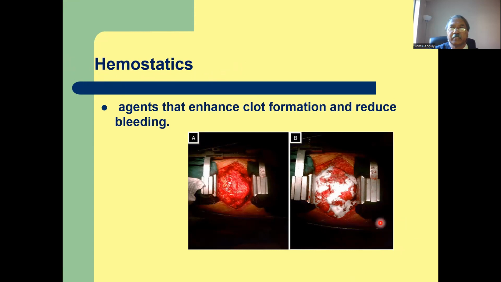Here we are seeing the use of powder type hemostatics. The hemostatic in powder form has been sprinkled all around it, and that is going to stop the bleeding process here. So hemostatic is the agent that you use during your operating room procedure.